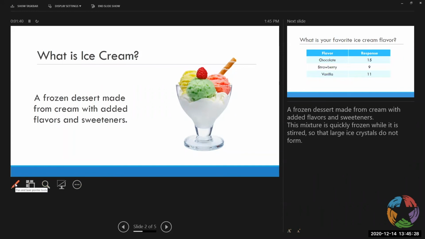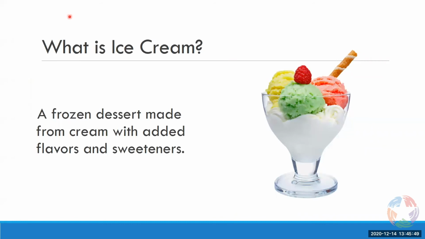There are other options here if you are using your presentation and you want to make little edits, or if you want to show where you're pointing at, you can do that using this icon here. And I'm going to switch my display settings so that you can see what that looks like if you were to do a presentation.